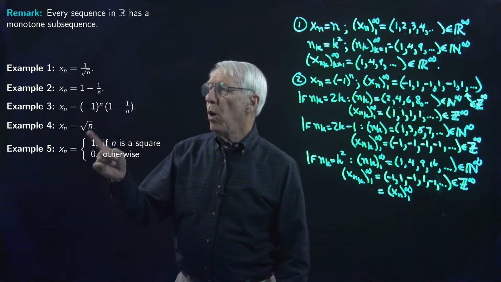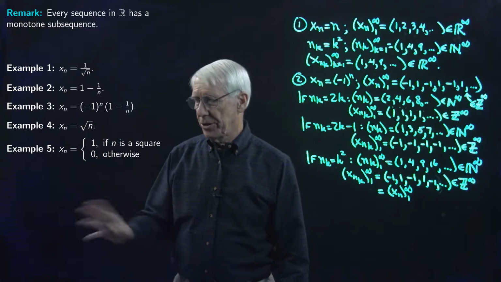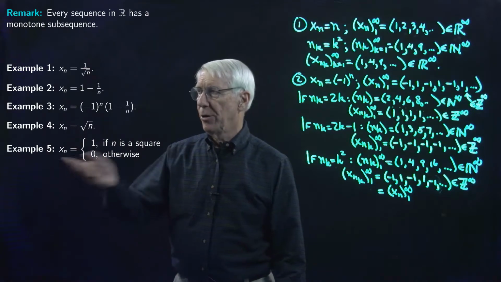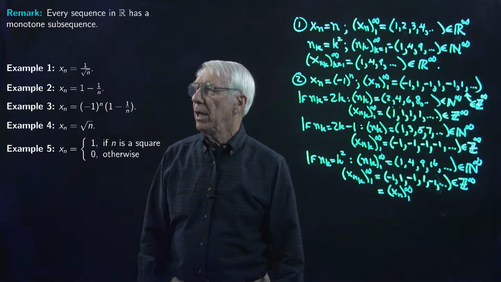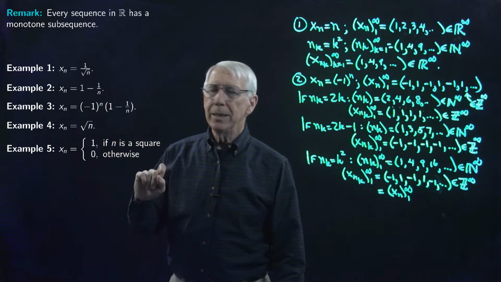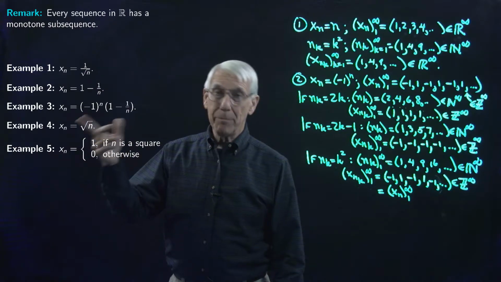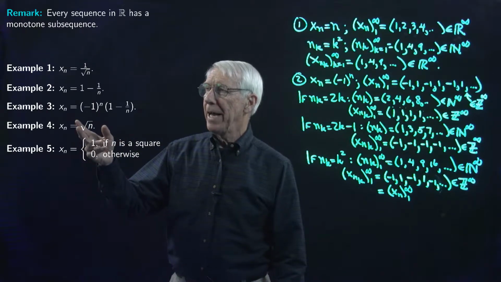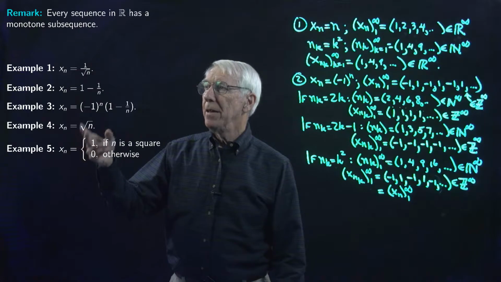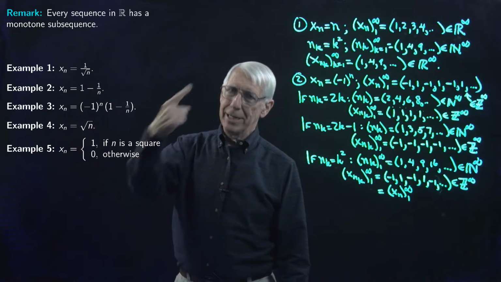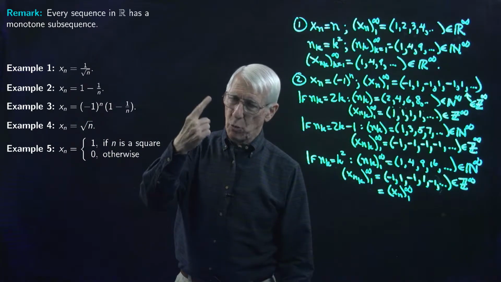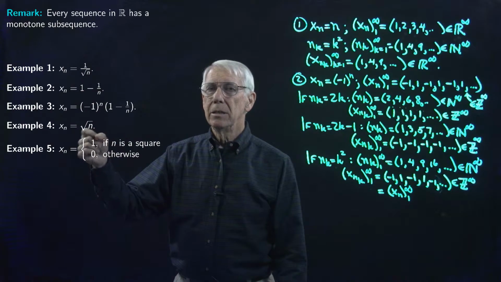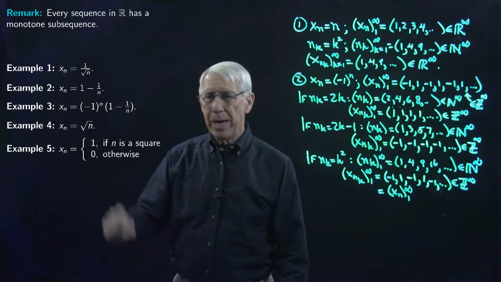Example 1, of course, the sequence itself is monotone, so nothing interesting there. And the same with example 2, it's monotone increasing. Example 3 is not monotone, but we've already pointed out a couple of times that it has monotone subsequences. The even terms are monotone increasing, limit 1. The odd terms, a monotone decreasing subsequence, converge to -1.